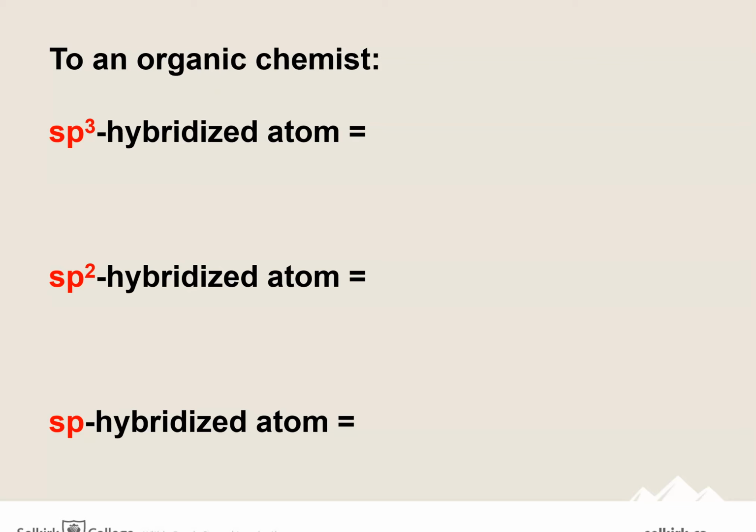So let's write down a few notes based on what we just saw. If I have an sp3 hybridized atom, what geometry is that? Well, I've blended 4 orbitals, 4 electron pair domains. sp3 hybridized means tetrahedral electron pair geometry, and that's all that it means.